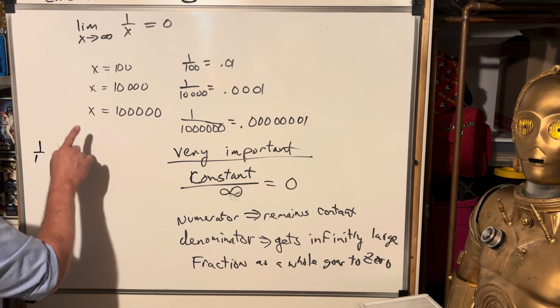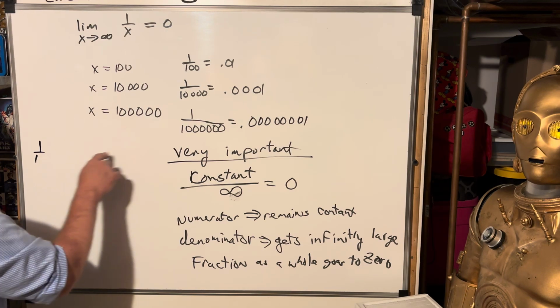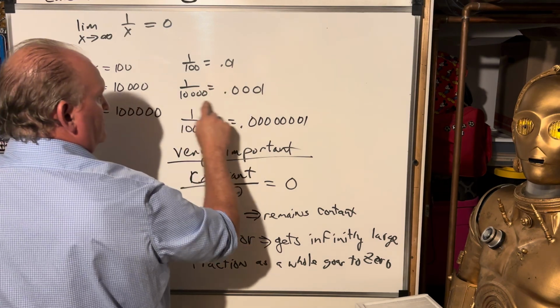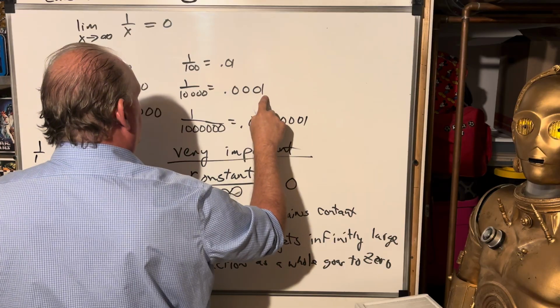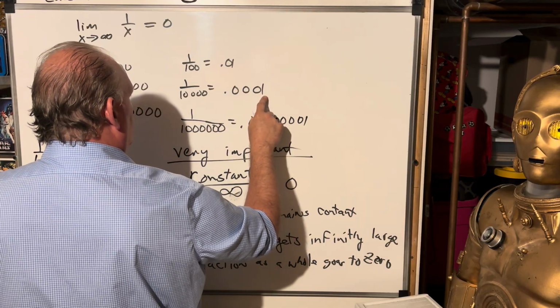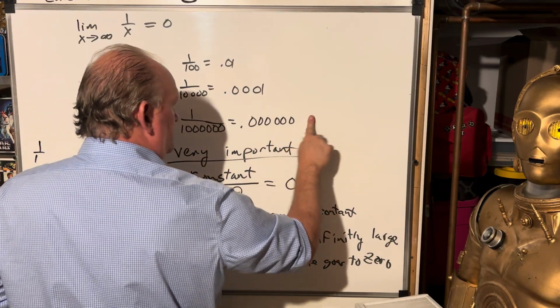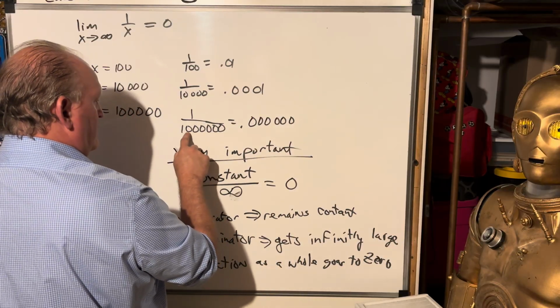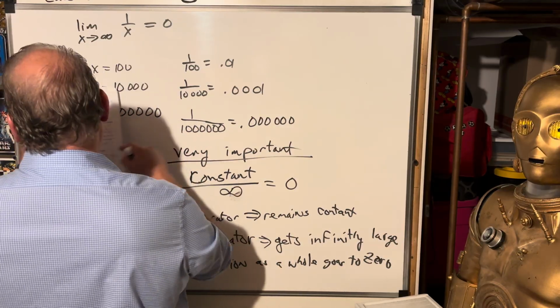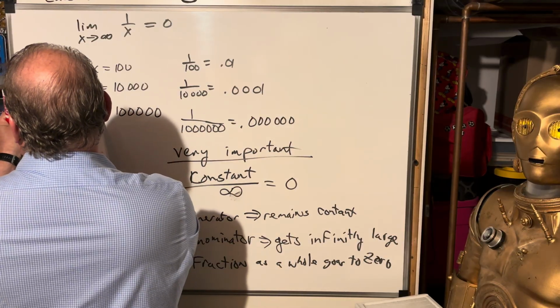Oh, I didn't do 1 over 10, 1 over 100. 2 places, 1 over 1, 2, 3, 4 places. How many places did I have there? Just 1 million?